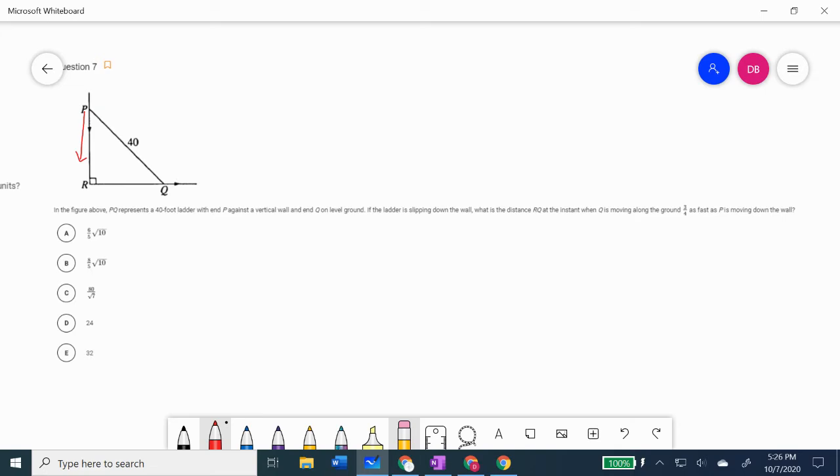Over here, this says that the rate of change of the distance RQ is increasing, but it's increasing at a rate 3/4 that at which this vertical distance is decreasing.